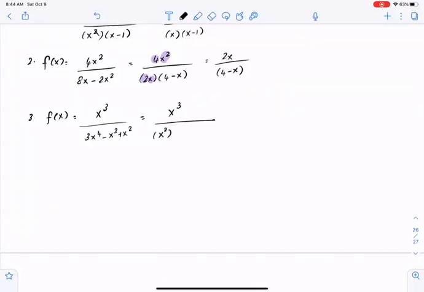So if I pull x squared out, I'll have 3x squared minus x plus 1. And between the numerator and the denominator, we have an x squared in common. So that will get cancelled. So we will have x over 3x squared minus x plus 1.